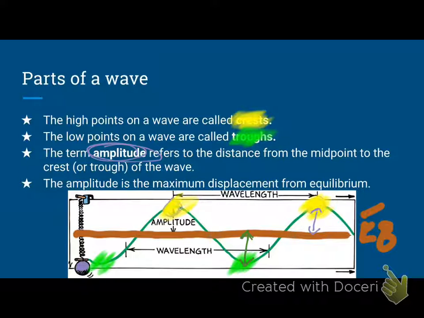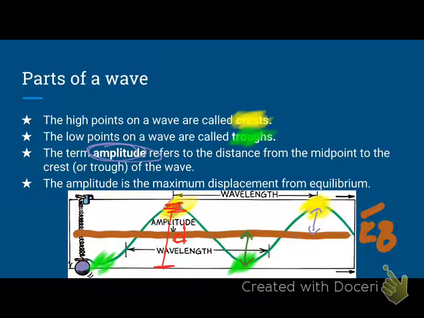So another way to think about this: what if we were to consider the distance from the crest to the trough? What is the amplitude relative to that distance? So from the crest to the trough, it's what? What is it, Michael? Other way around. It's half as much, right?